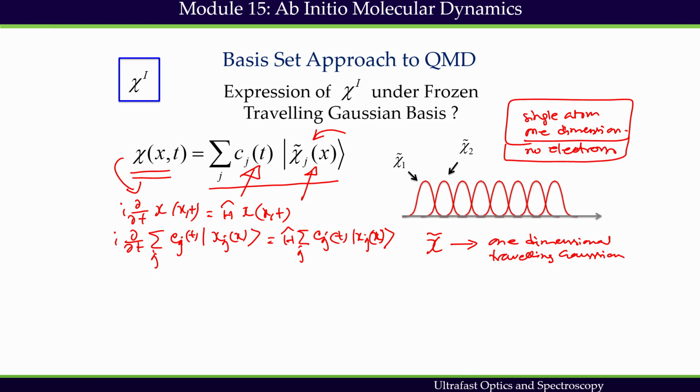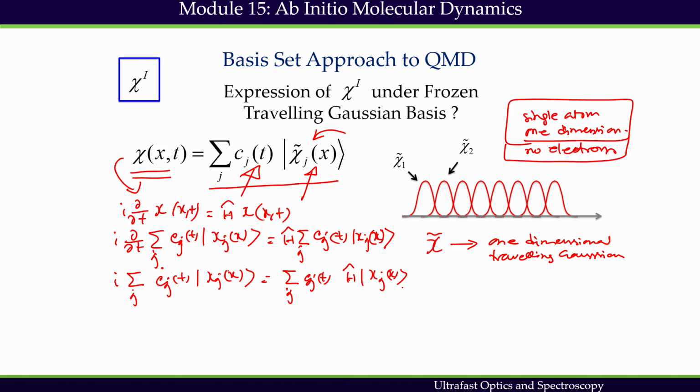So if we have that, then we can do this time derivative, and we can write down this expression as the summation over j of c j dot, where dot expresses the time derivative, times chi j x, equals the summation of c j t, then H, then chi j x.